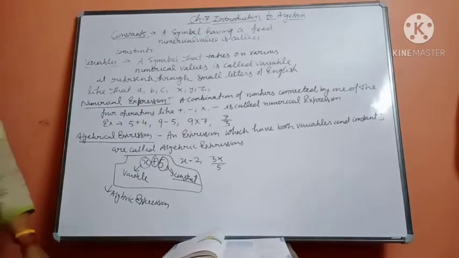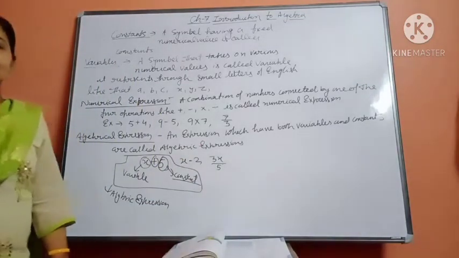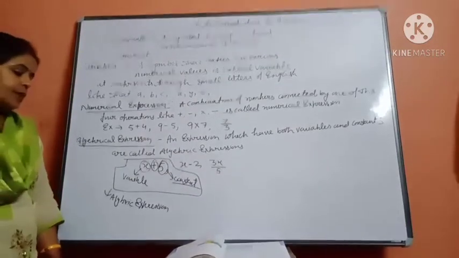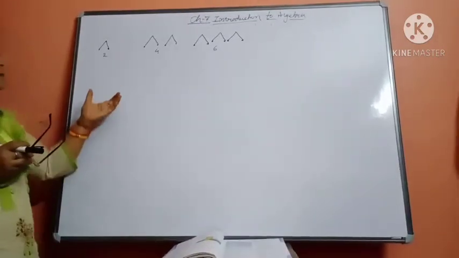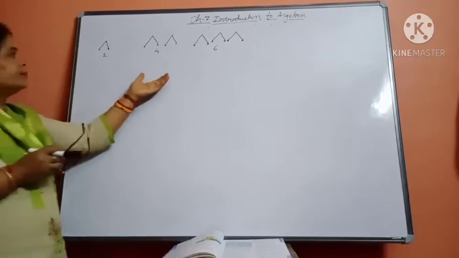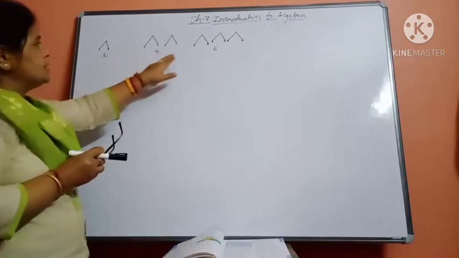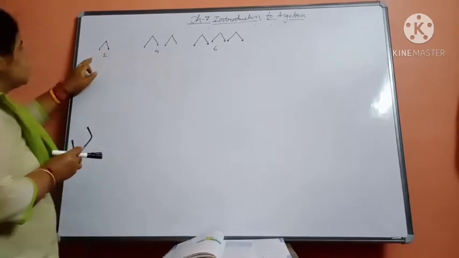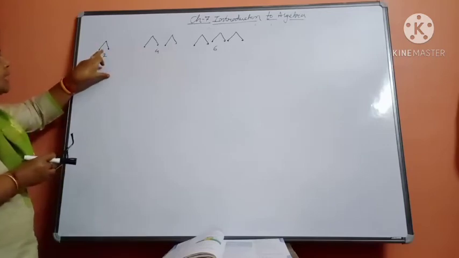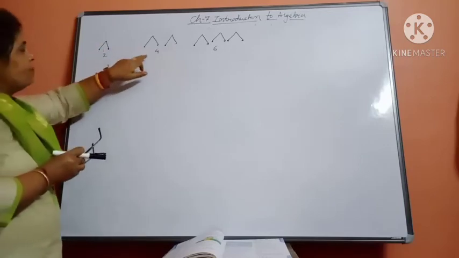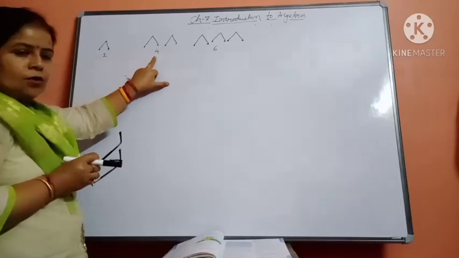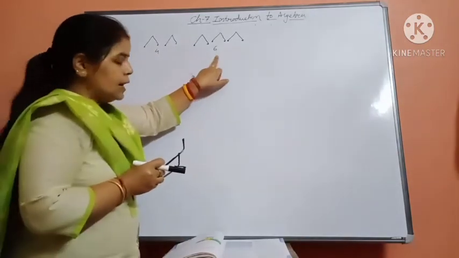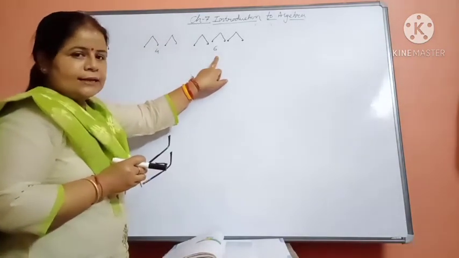Okay. Now come to the next thing. See that beta, here I have drawn one pattern. These are matchsticks. See that in the first figure how many matchsticks are there? 2. In the second figure? 4. In the third figure? 6.